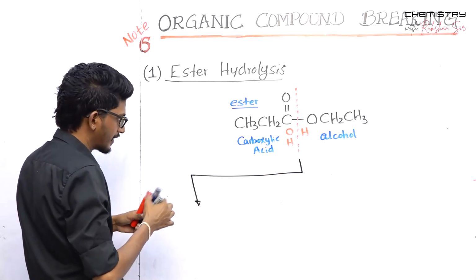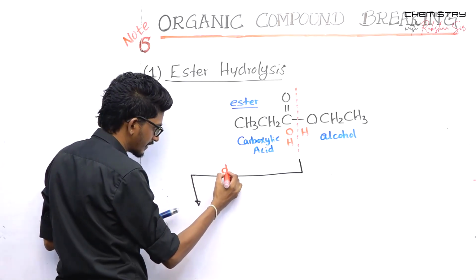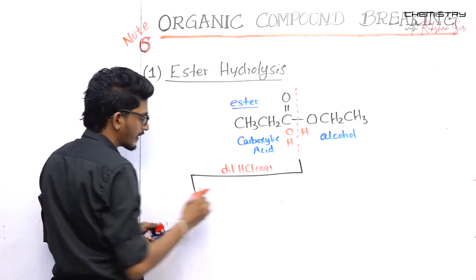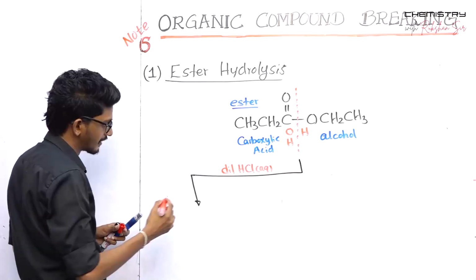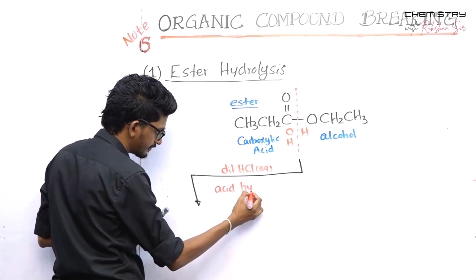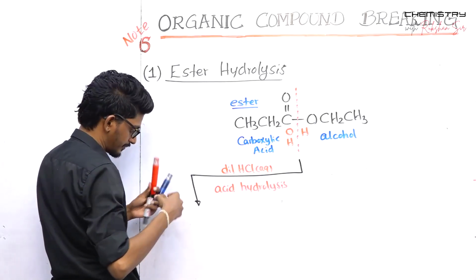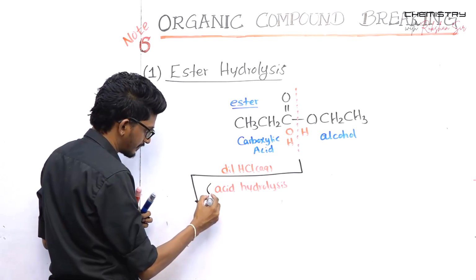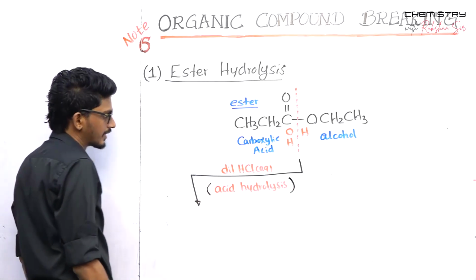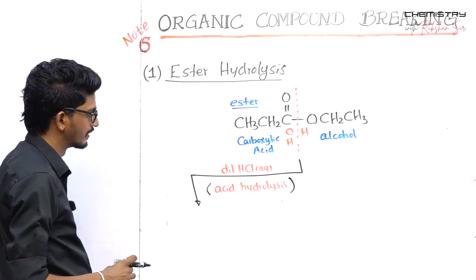If you add some dilute HCl as your catalyst, this hydrolysis reaction is referred to as acid hydrolysis. Let's see what the products will be. With acid hydrolysis you will get the carboxylic acid and alcohol in no time, with a very quick reaction.